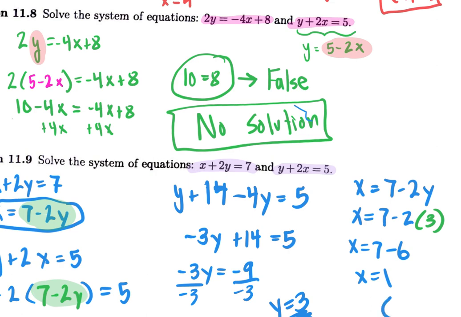So our solution here is the point x is 1, y is 3. Okay, so that is substitution. The whole point of substitution is we're taking an equation where we have the x and y related together, and we'll solve for one of those, put it into the other equation, and then that equation just has one variable, and then we solve it.